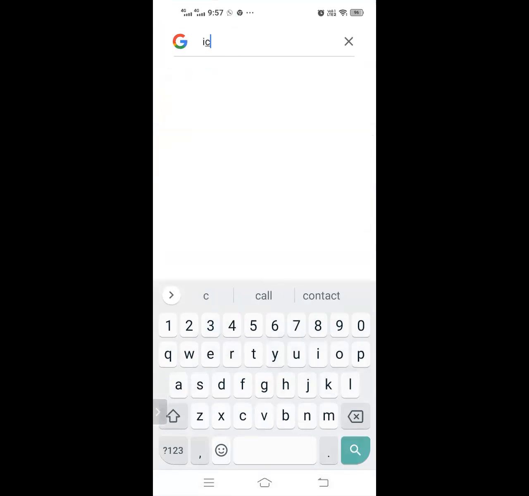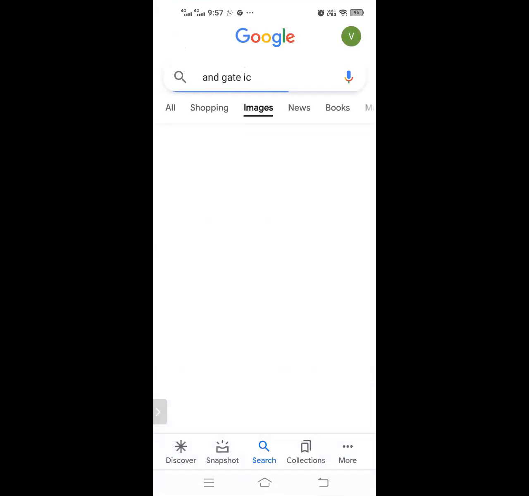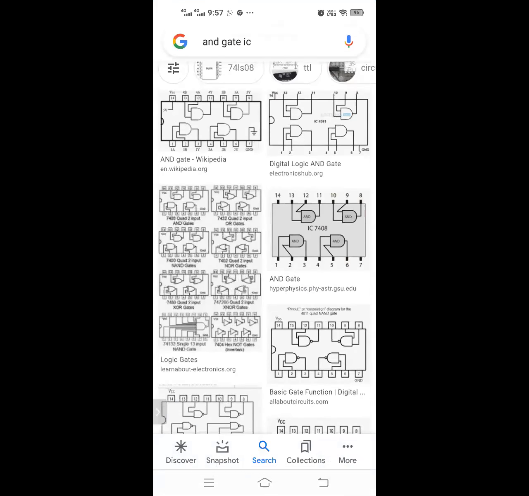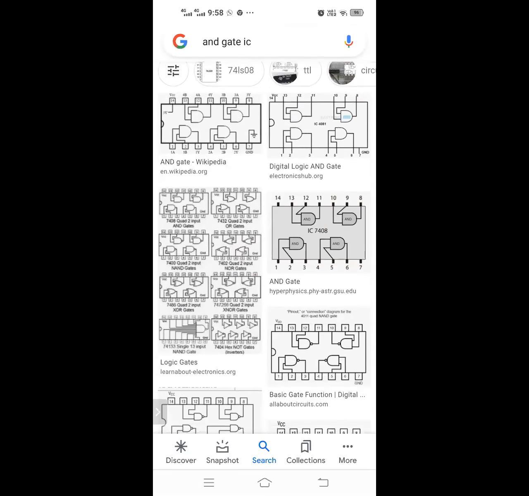You can just check. So 74LS08. See this, 74LS08. That is the number of the AND gate. So you can use it as an AND gate, isn't it?